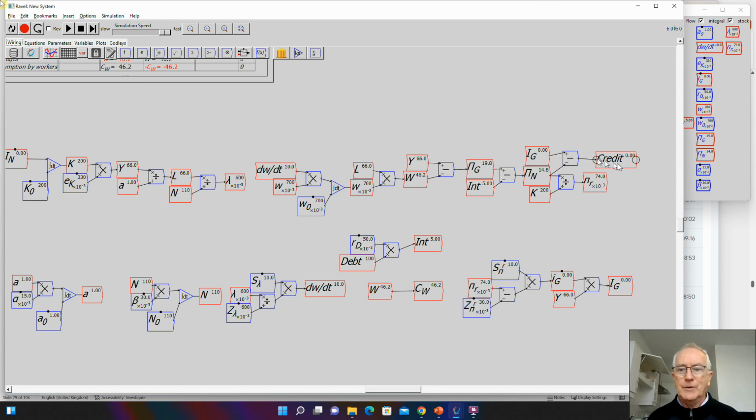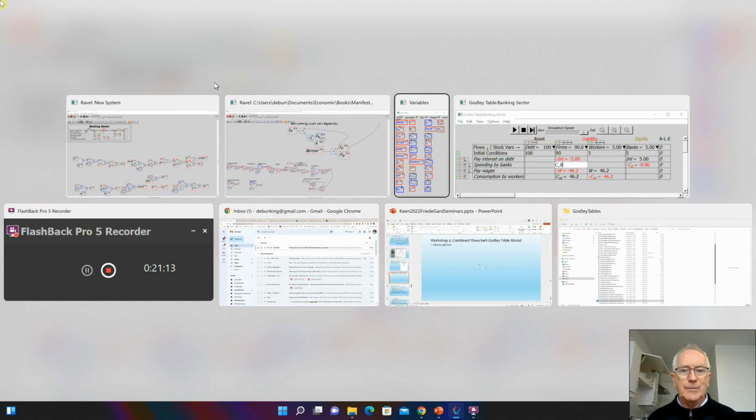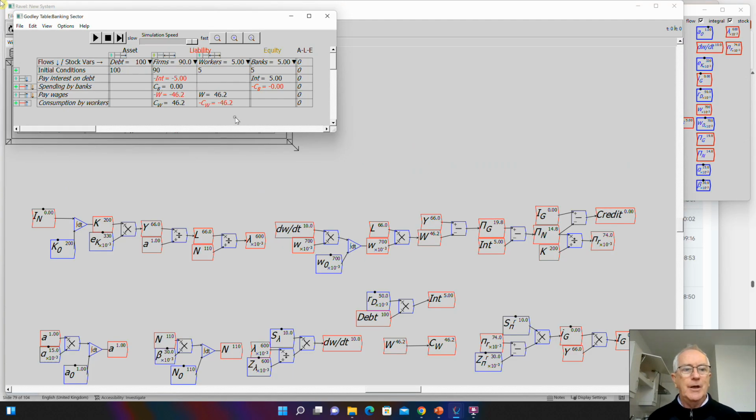If investment is greater than profits, then credit is going to be positive. If it's less, it's going to be negative. We now go back to the Godley table, which is here, and I now want to show credit. And that is going to be credit dollars that turns up here as the finance, but it also of course turns up as debt here.